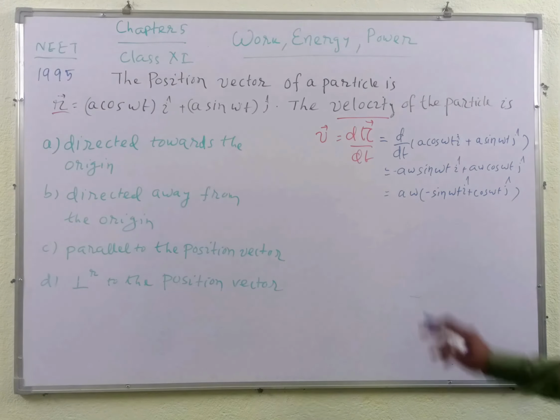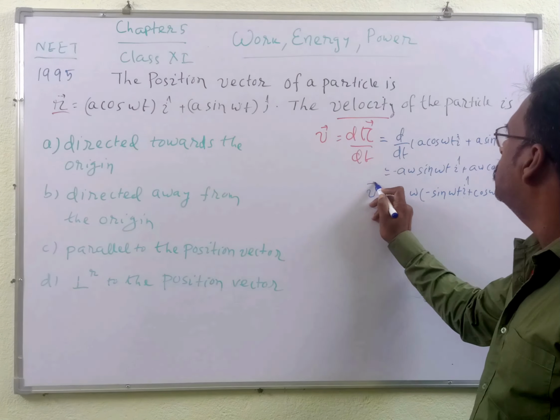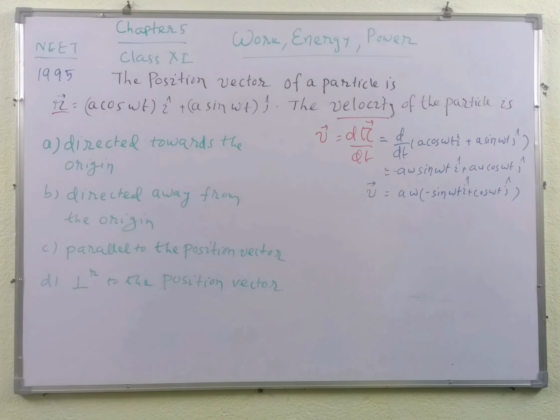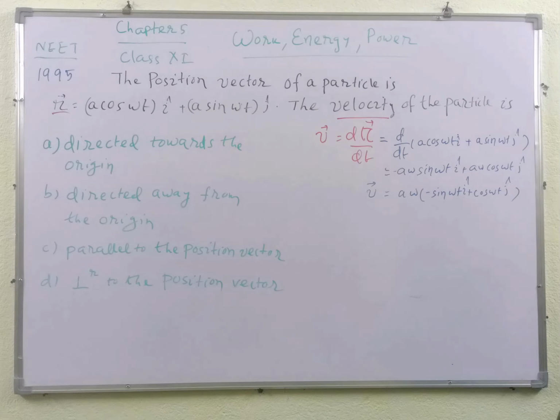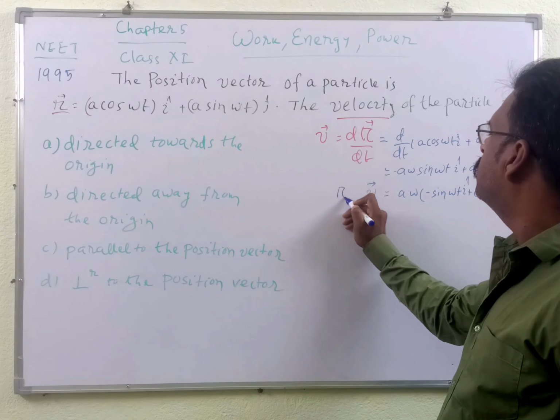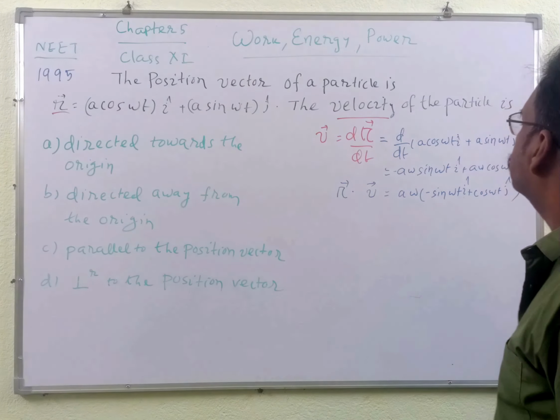Okay, students. Then what is this? This is velocity v. Then to find out which one of the four options given is correct, let us do the dot product of r dot v, student.